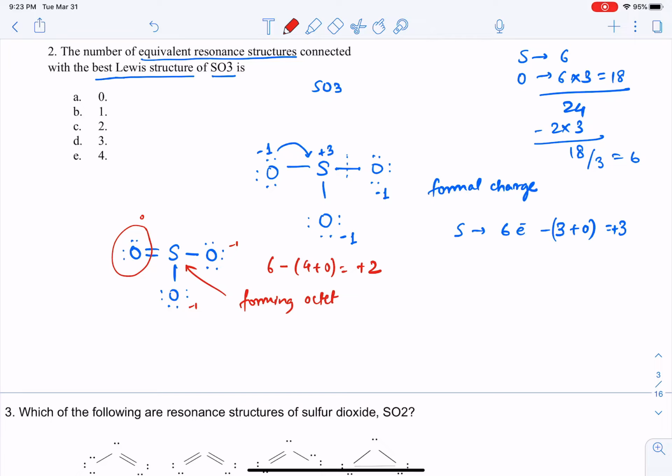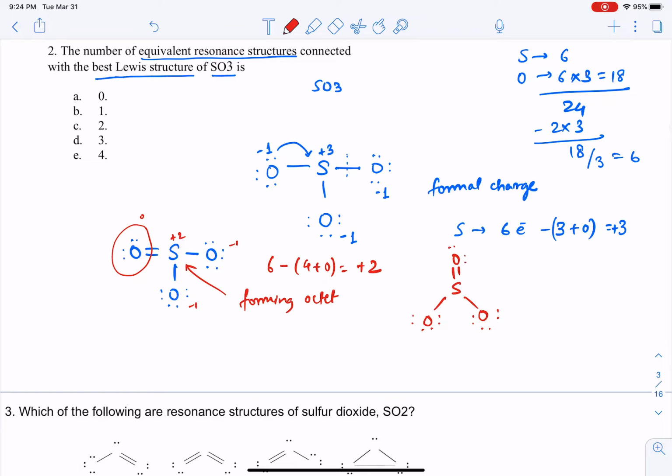So if you go by the octet rule, if you just want to see the octets and you don't want to go further, you will say, okay, now it has S double bond O and the other oxygens, and that's done. And for this you can have 3 resonance structures. Since these 3 oxygens are equivalent, we can have 3 resonance structures.